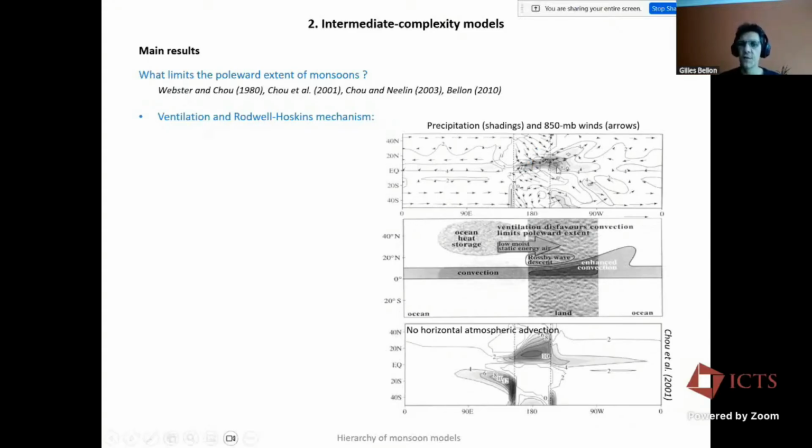That asymmetry in convection would create a wave, with ascending motion over the east of the continent and subsiding motion over the west, which further disfavors convection in the western part of the continent. So that's the Rodwell-Hoskins mechanism, but at a smaller scale than first postulated by Rodwell and Hoskins.